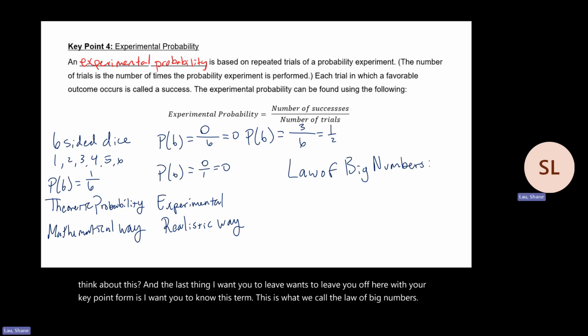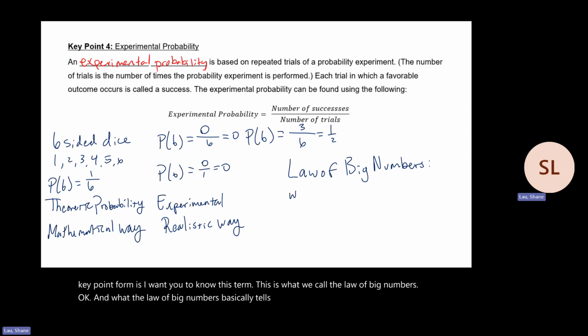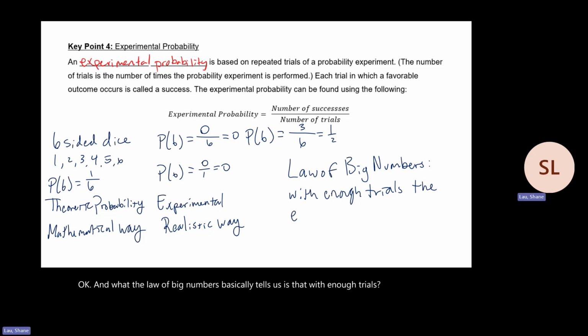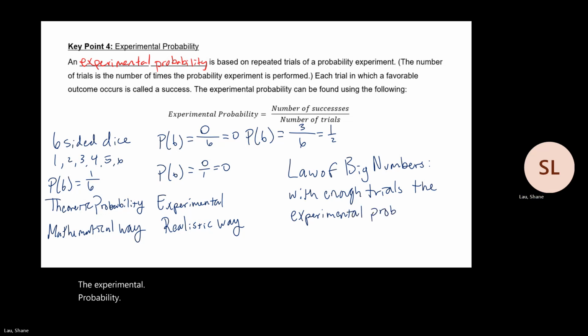Okay, and what the law of big numbers basically tells us is that with enough trials, the experimental probability will level out with the theoretic probability.